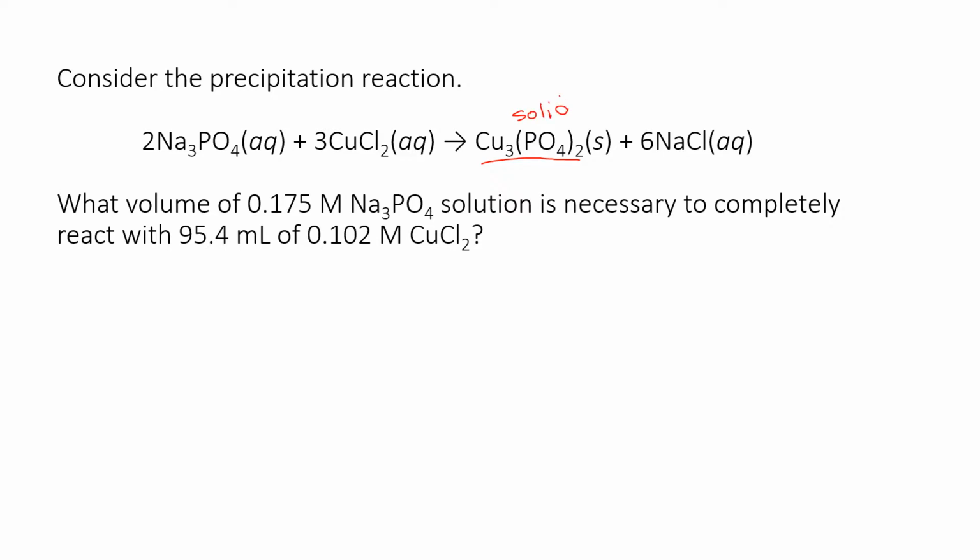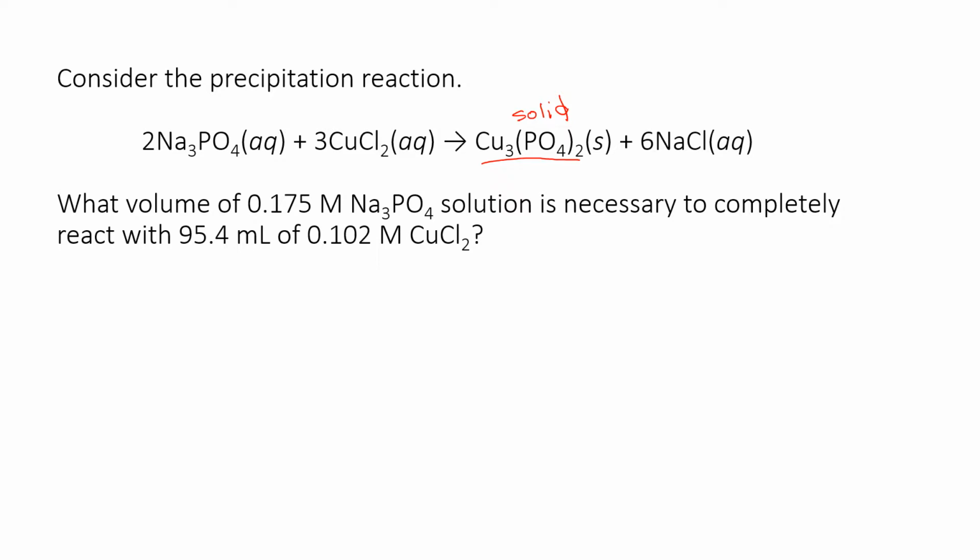So it's a solid that crashes out of solution. So we have 2 moles of sodium phosphate reacting with 3 moles of copper 2 chloride. And again, that yields copper 2 phosphate precipitate plus 6 moles of sodium chloride, which will remain in solution.